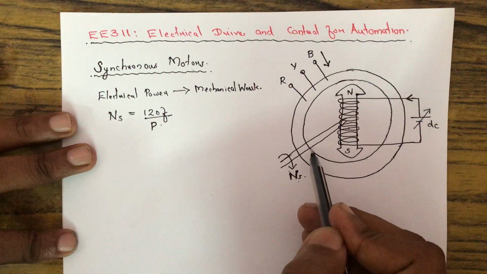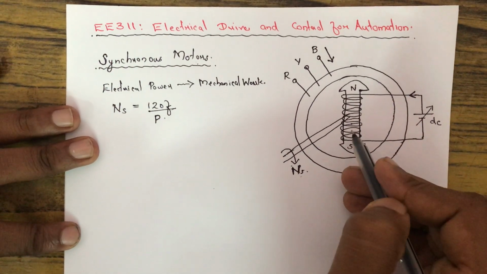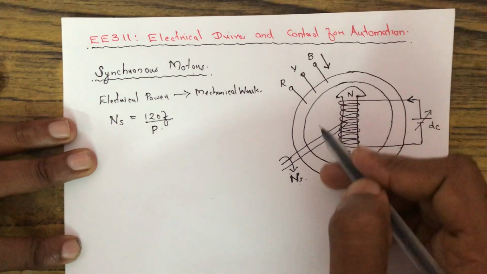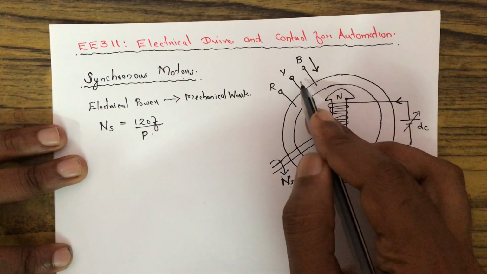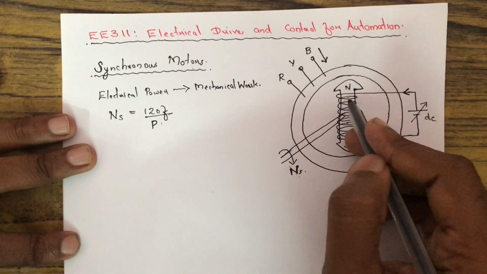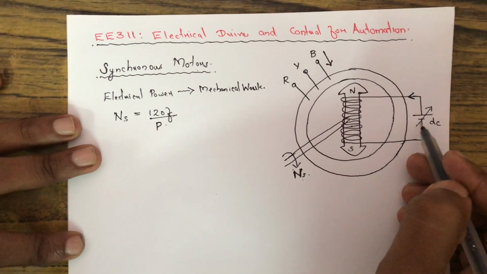It also consists of a stator and rotor. The stator consists of the 3-phase armature winding and the rotor consists of the field winding.